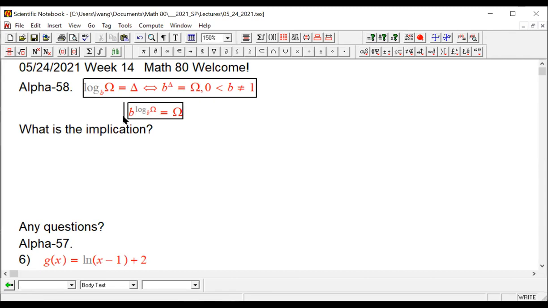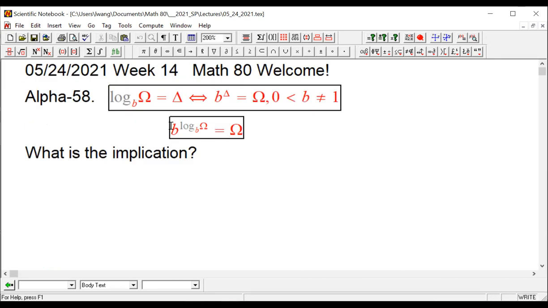Now, in that relationship, what does that mean? What do we observe here? I'm going to make the fonts a bit larger so you guys will see better. What you need to notice is that this base b of the exponential form is the same base b as the logarithm form.